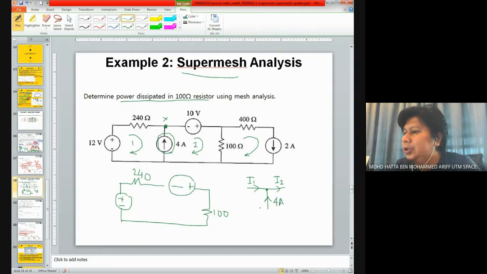So you need to consider these two definitions. First is the circuit around the Supermesh, and the second one is the node at the Supermesh. Okay, the solution.